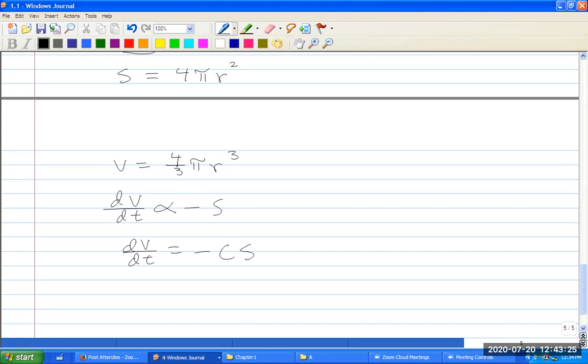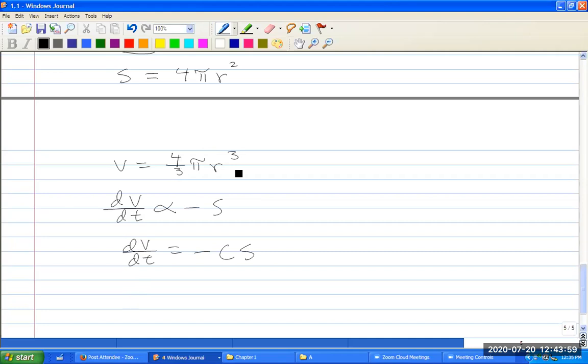So let C be some constant of proportionality, it's just some constant. And now notice the following, that S is 4 pi r squared, right? And V is 4/3 pi r cubed.